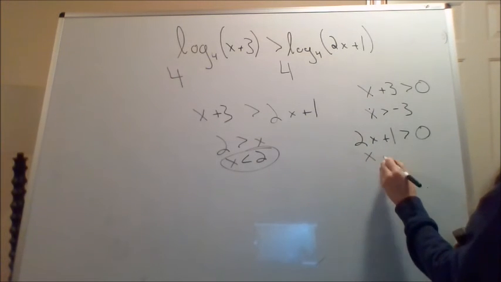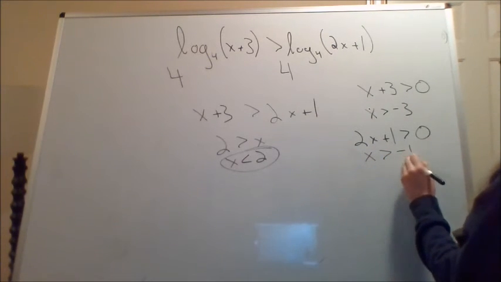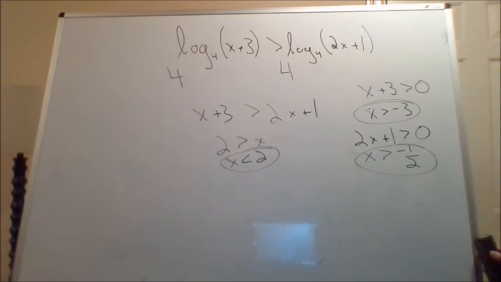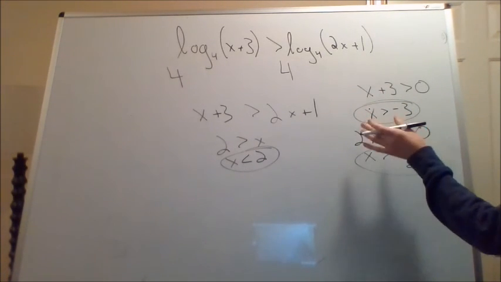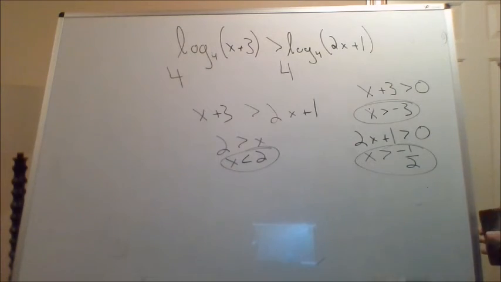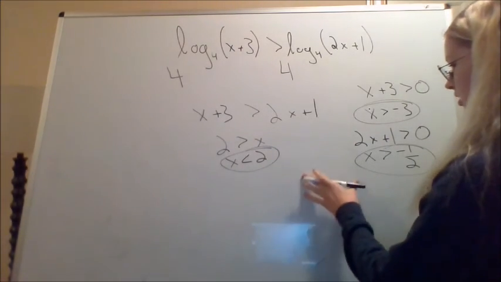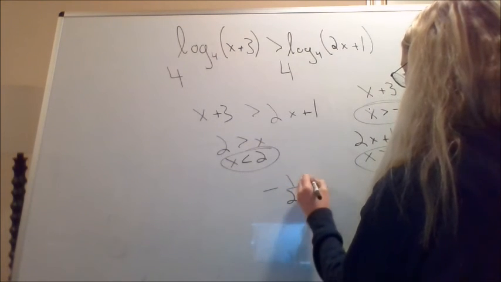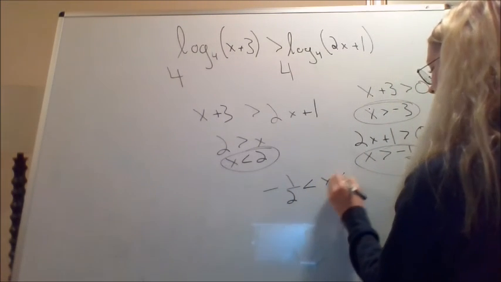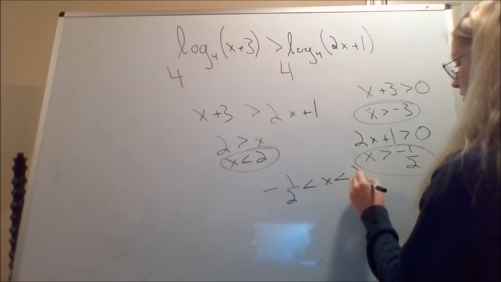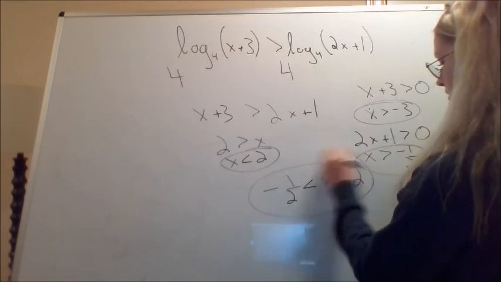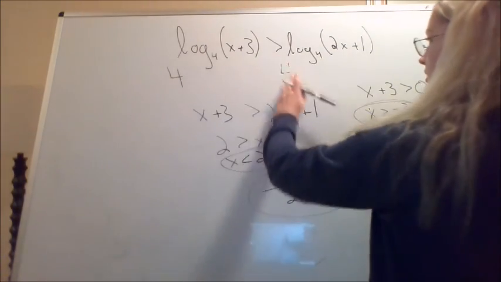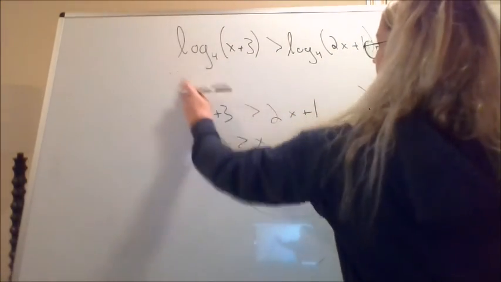So we know that x is greater than negative 1/2. And so we know that the first constraint is a little bit redundant, so we can write this relation simply as negative 1/2 is less than x is less than 2. And so this would be our answer to this inequality here.